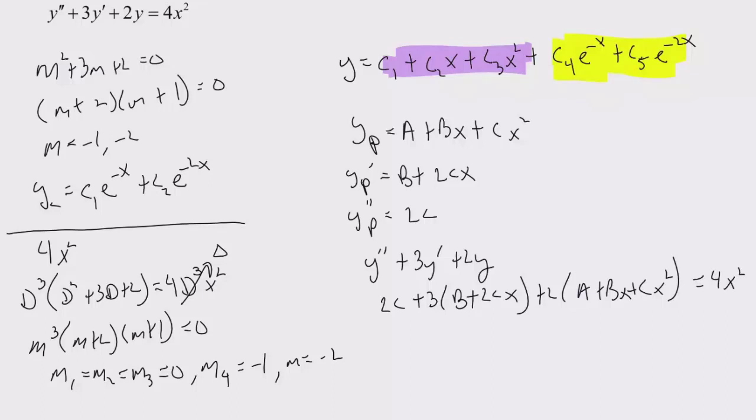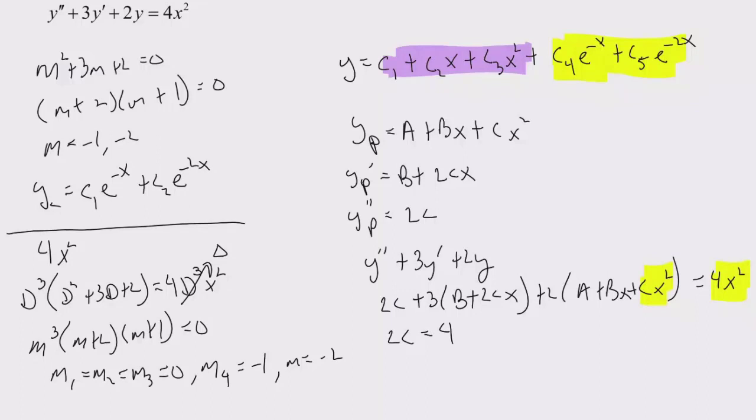Then we can just start lining up elements of our exponents. The only thing that partners up with the x squared, so I'm going to highlight that, is this guy right here. So that says that 2C has to be equivalent to 4.